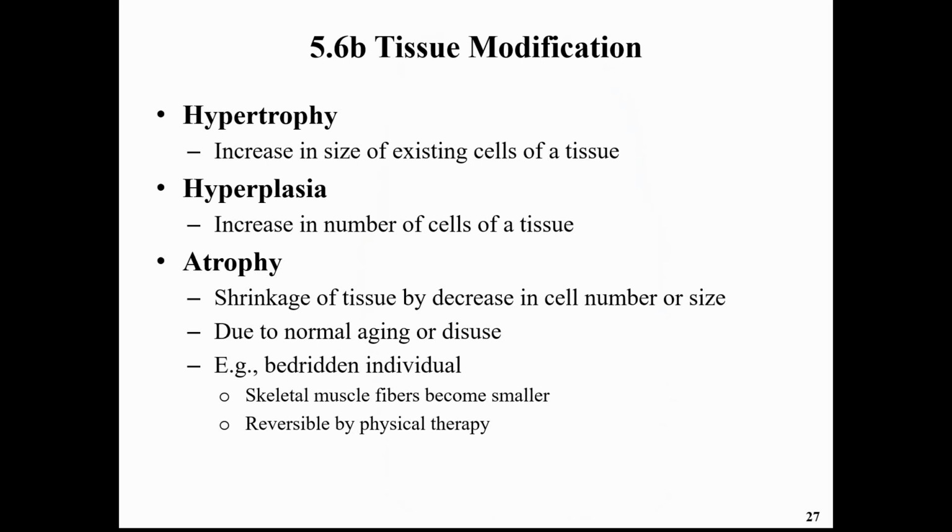Atrophy is when we get a shrinkage of cells, just the size, not the number. Atrophy is where we get a shrinkage in the size of cells instead of a decrease in the cell number.